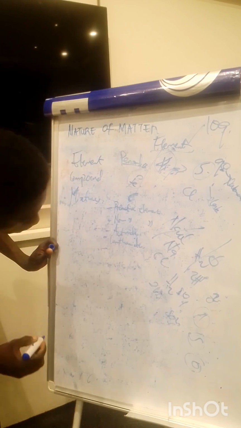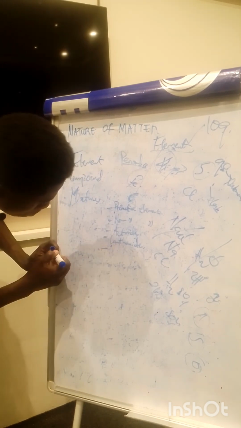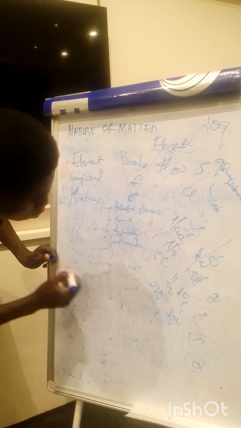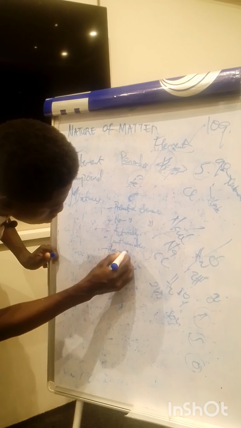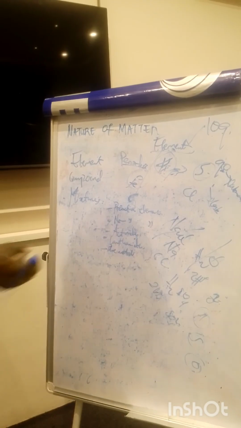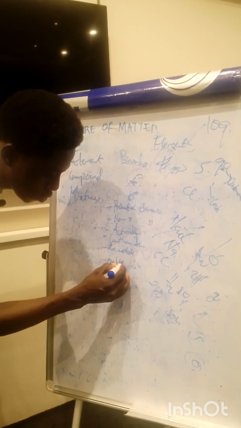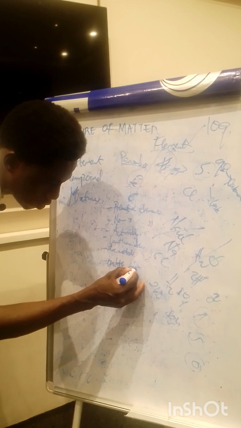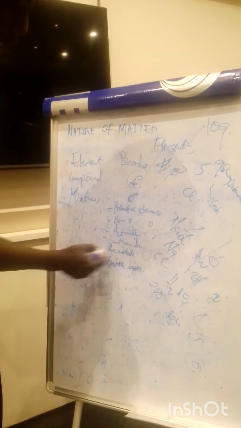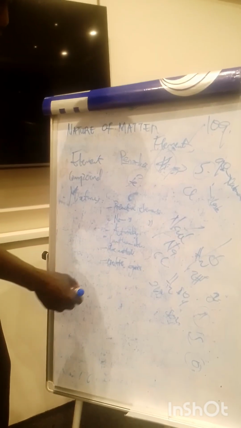We'll have our pure metals. Then we have noble gases. So the six types are reactive elements, non-reactive, actinide, lanthanide, pure metals, and noble gases.